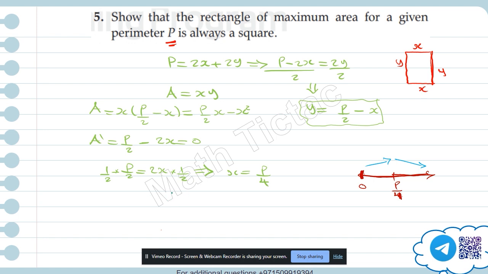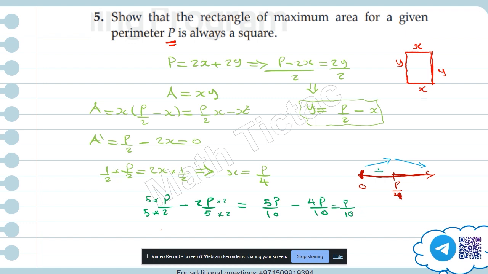So let's substitute P over 5 in the derivative. P over 2 minus 2 multiplied by P over 5. To make the denominators the same, I'll multiply by 5 and by 2. That will be equal to 5P over 10 minus 4P over 10, which is equal to P over 10.